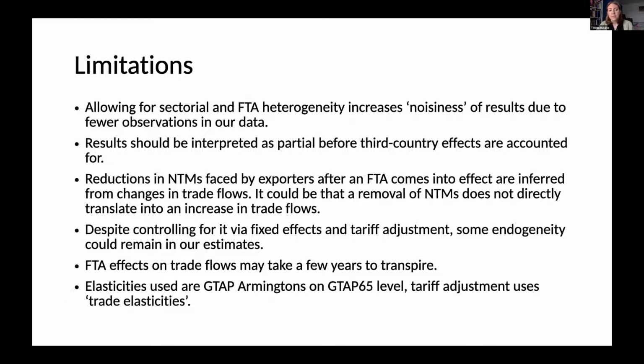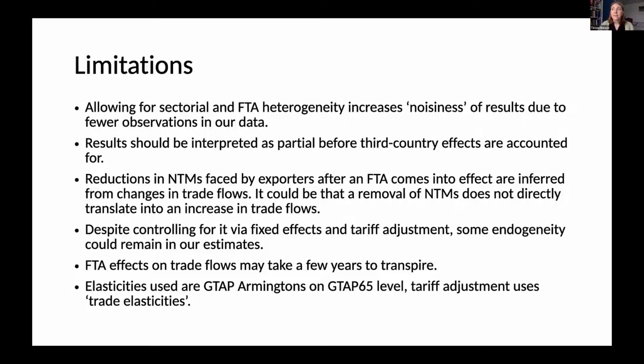There's also the fact that trade policy takes a while to happen. So we are only allowing for one effect to take place, but we could phase this out. It could also be that some of the actual reduction in the NTM is not directly captured by the model, because we are inferring the reduction via a change in trade flows.